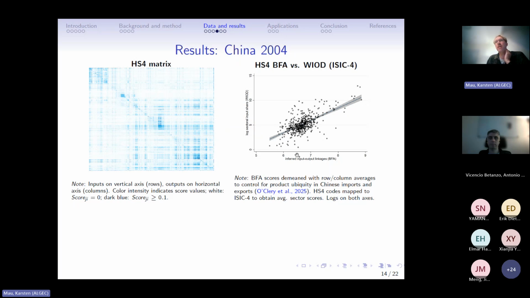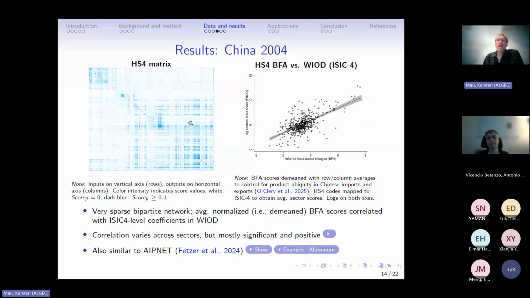If we put them on a log scale and take the average score from this matrix on the left, on the horizontal axis, we see a pretty good, maybe much better than expected positive correlation, given that the matrix on the left is inferred only based on trade transactions in a cross-section of firms, whereas the WIAT data has a clearly different original source and partly relies on observational or officially reported data on input-output linkages. So this gives us a bit of confidence that the mapping we obtain is in line and sensible.